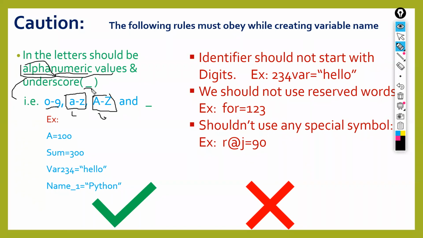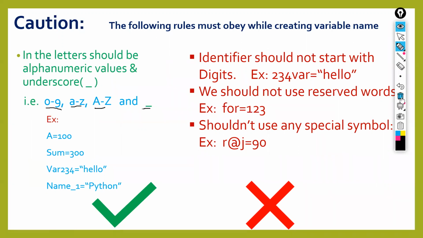In computers, we can see the underscore, right? Underscore can be used in an identifier. Remember, we can use numbers, lowercase letters a to z, uppercase letters A to Z, and the special symbol underscore. Only underscore can be used. The remaining special symbols cannot be used in an identifier.